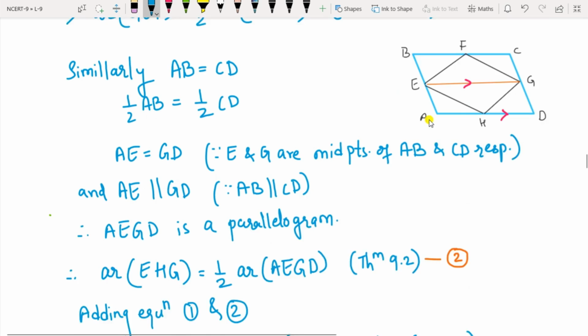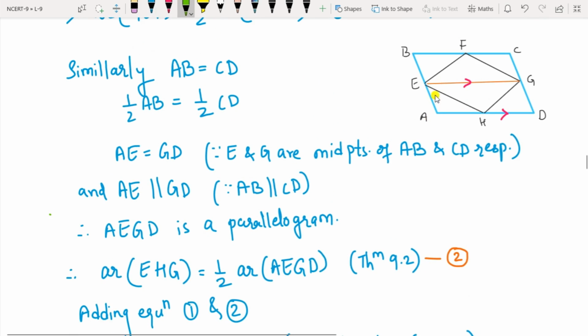Then similarly you have to consider again AB parallel to CD, and therefore AB will be equal to CD, then half of AB is equal to half of CD. Write the same steps. Now you have to write AE is equal to GD here, and AE is also parallel to GD.